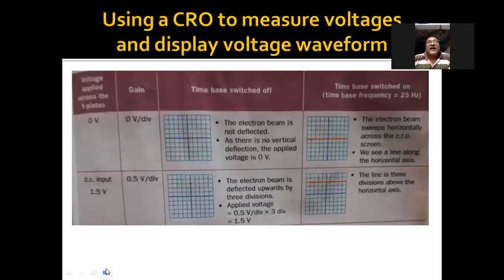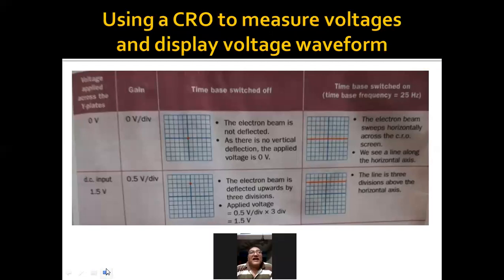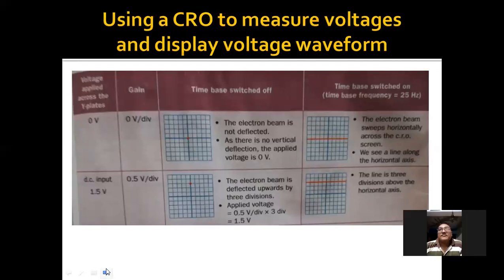So here we have another case of how the CRO is used. Whenever you switch on a CRO, you will see this thing: on the screen of the CRO, in the center, there will be a bright dot shown.